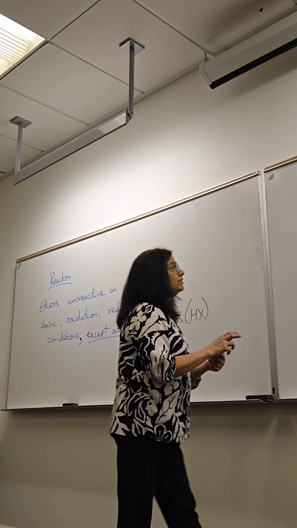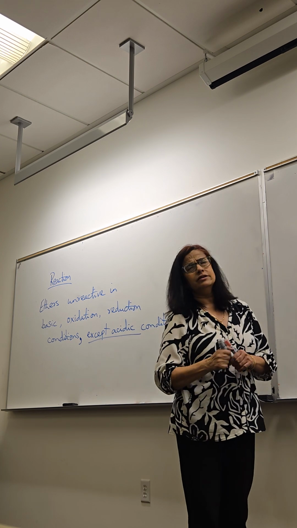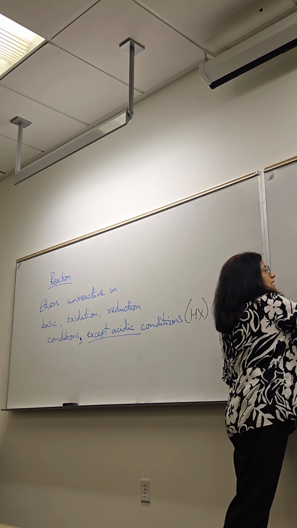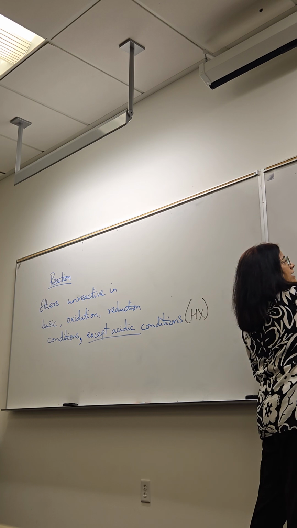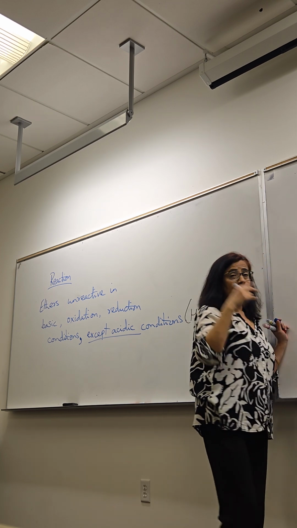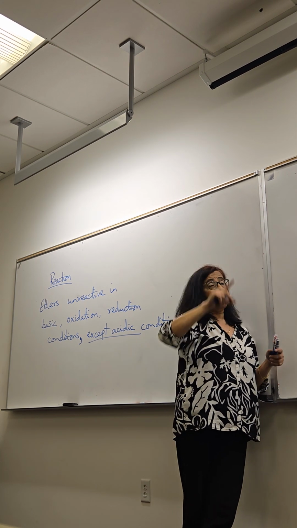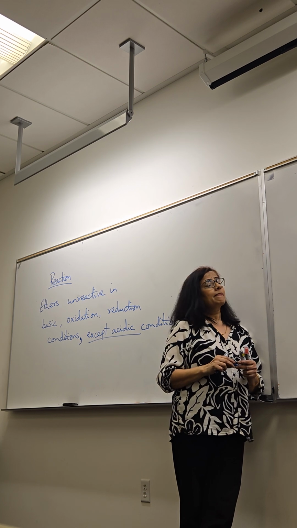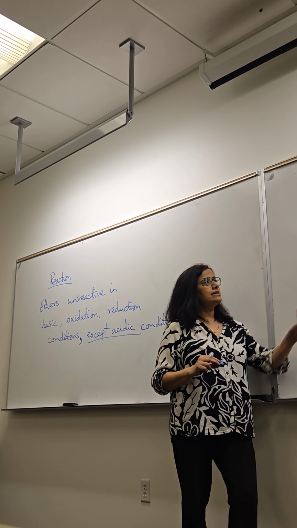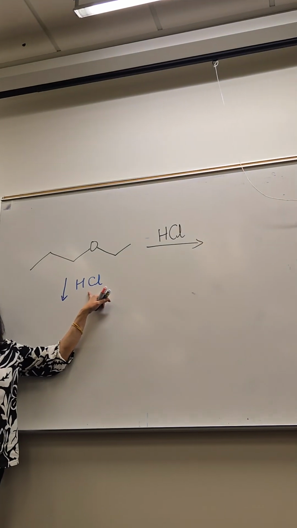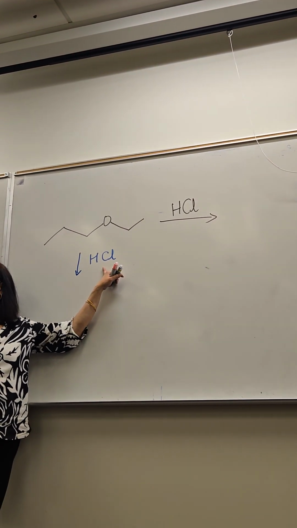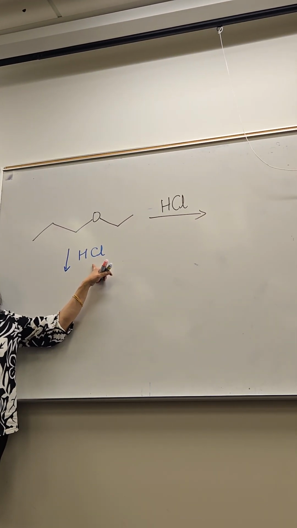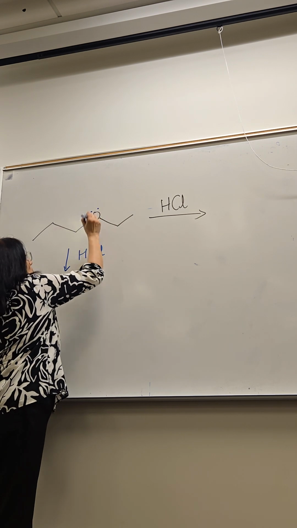What do you think will happen first? Let's walk through the mechanism. If you see an ether like that and there's HCl, which is an acid, what would your brain tell you is going to happen first? Is this an acid or a base? Acid. So is there a base around in the system? In the ether? You've done it before.